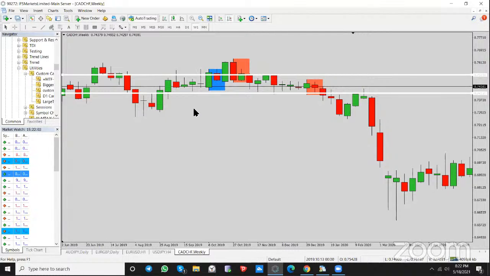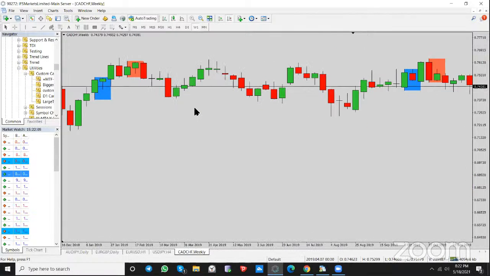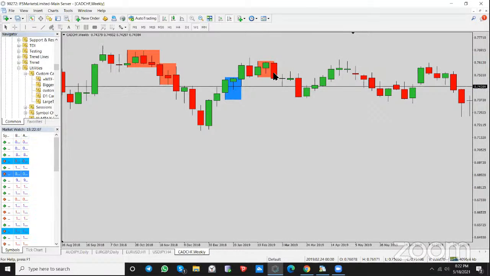Let me find another example. For those of you who are Actions to Wealth students, this would be sort of a ring high pattern with an inside bar. Then possibly, no, actually I can't do that.